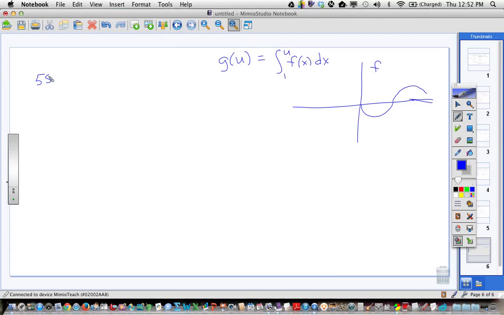And on 55, they asked for what? G prime of 4. Now, let me give you a piece of advice that I think is very important for these problems as we go forward with area functions, especially in the packets, the AP test, final, those kind of questions. When you're given this, what do you think of right away?